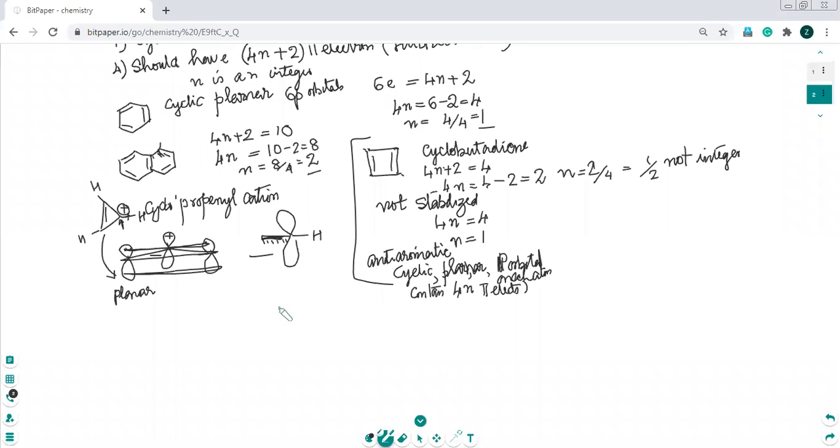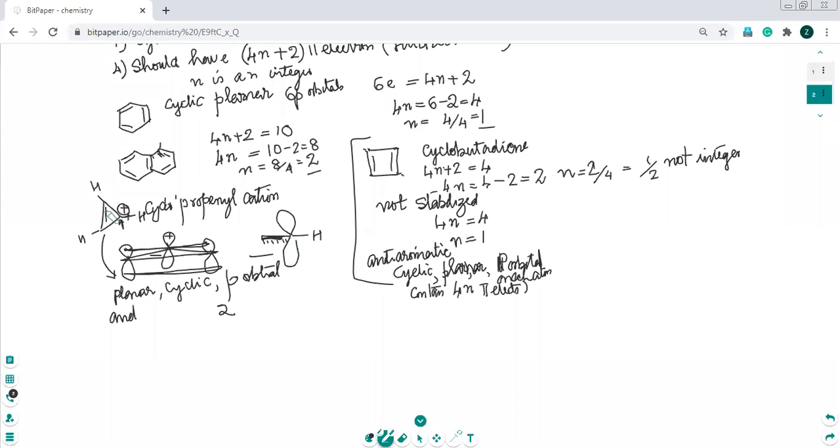So this molecule is cyclic, it is planar. You have a p orbital in each carbon, and how many electrons does it contain? It contains 2 electrons.